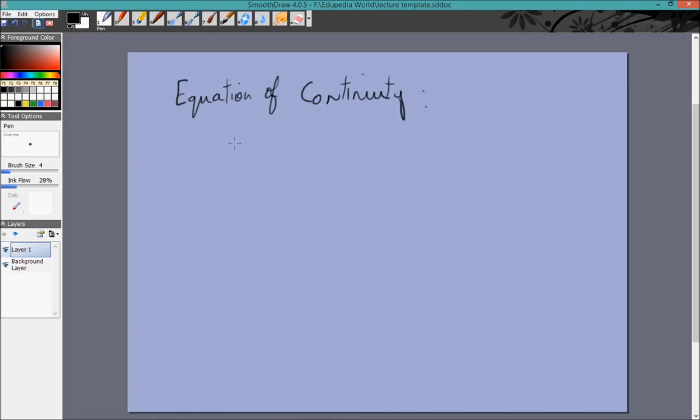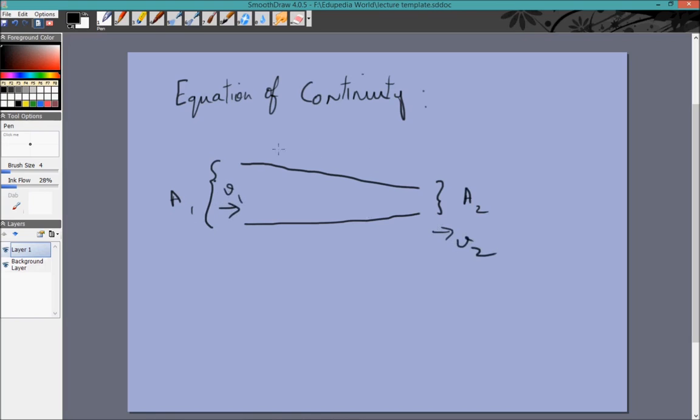So the equation of continuity basically says that if this is a pipe, with cross-sectional area changing, let's say here the area is A2 and here the area is A1, and let's say streamline flow water is entering with a velocity V1 and exiting with a velocity V2. Okay, so this is not the end of the pipe. The pipe goes along for infinity. I'm just making two sections.